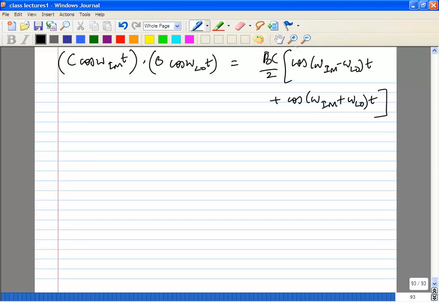One of the reasons you're getting this is because cos of omega IM minus omega LO is the same as cos of omega LO minus omega IM. That's the reason why you're getting this problem. So that is called the image.